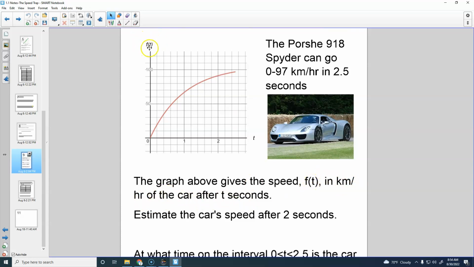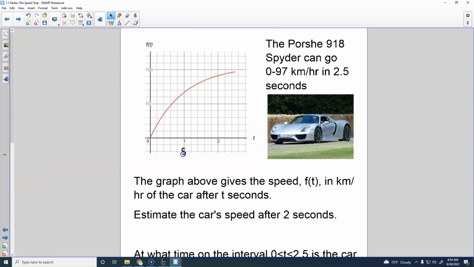So f of t is labeled right here on our y-axis. T is labeled on our x-axis here. So what is t measured in? Seconds. So we're going to label this here seconds. And f of t, what is f of t measured in? Kilometers per hour.